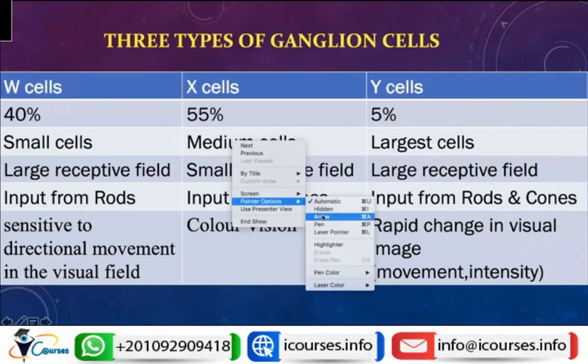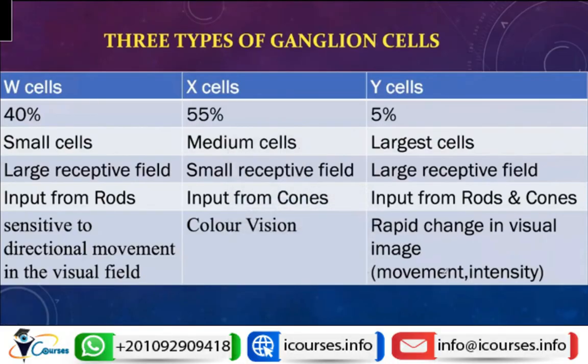For example, if there is a rapid change in movement, like the object has suddenly become slower or suddenly become more rapid, then this will be perceived by the Y cells. Or even if the light intensity becomes more or even less, this will be perceived by the Y cells, and they receive input from rods and cones.